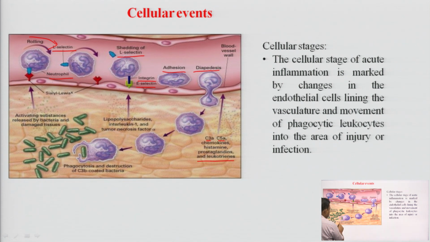Phagocytosis and destruction of C3b coated bacteria, and that is activating substances released by bacteria and damaged tissues. So, this is the cellular event you can see in this diagram.